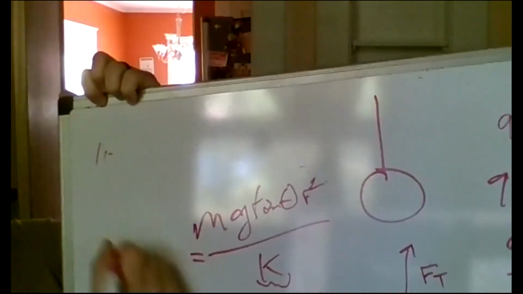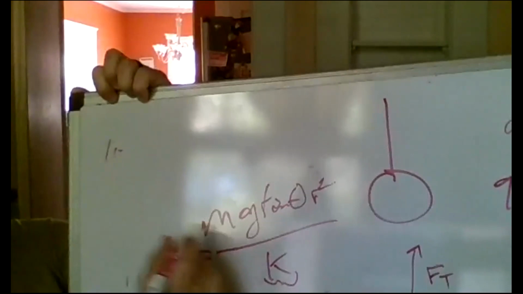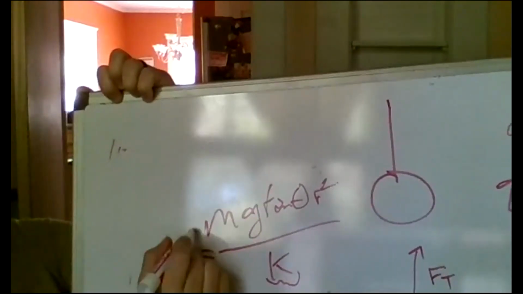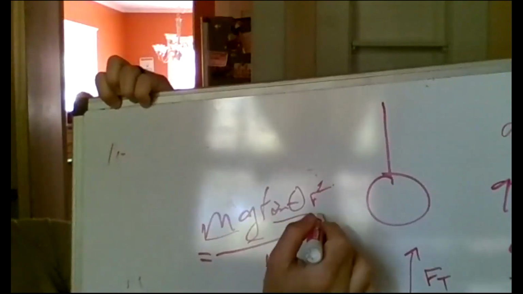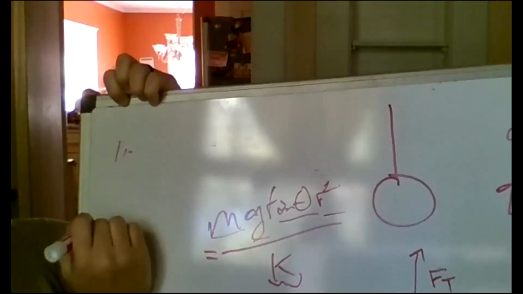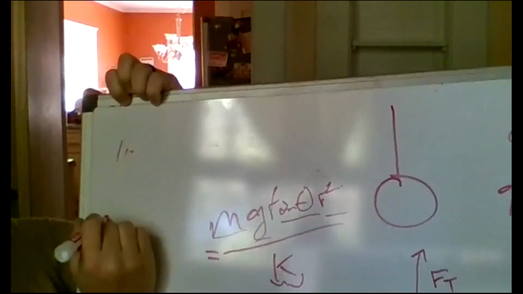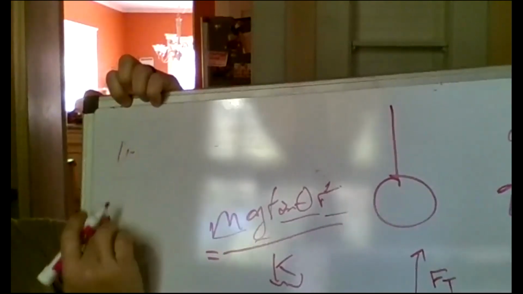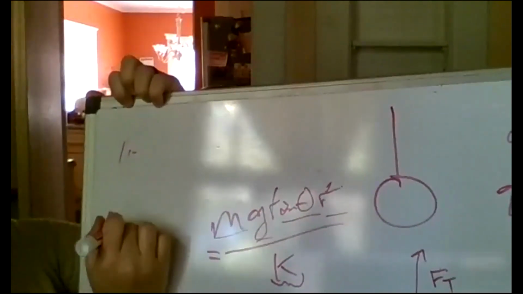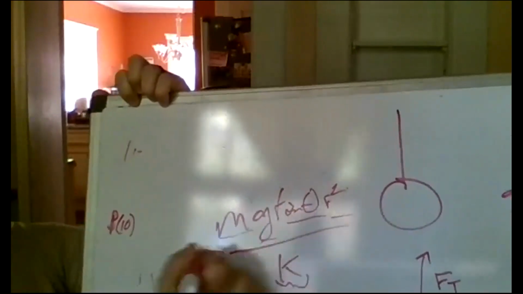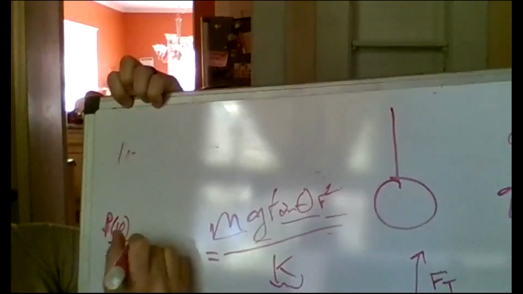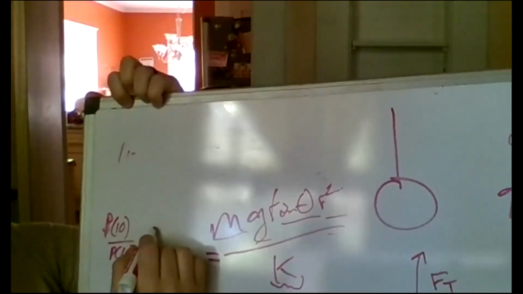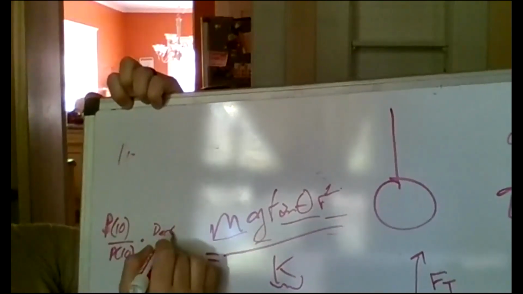So this is equal to whatever power of 10 is m, whatever power of 10 is g, whatever power of 10 is tan theta, and whatever power of 10 is r squared. And I put that over here. So this is powers of 10, and then this is then times the decimal values of these. Powers of 10 over powers of 10 times the decimal values.